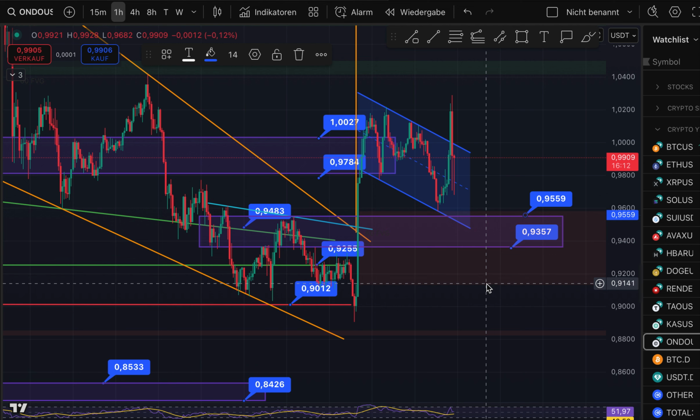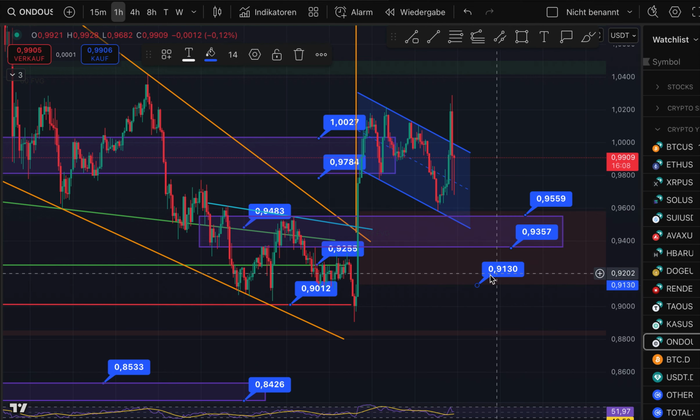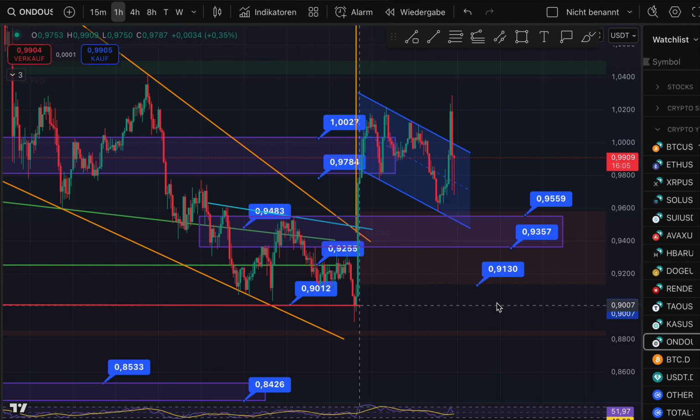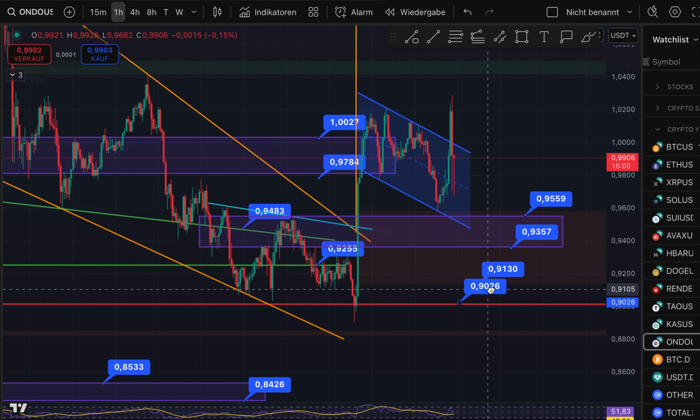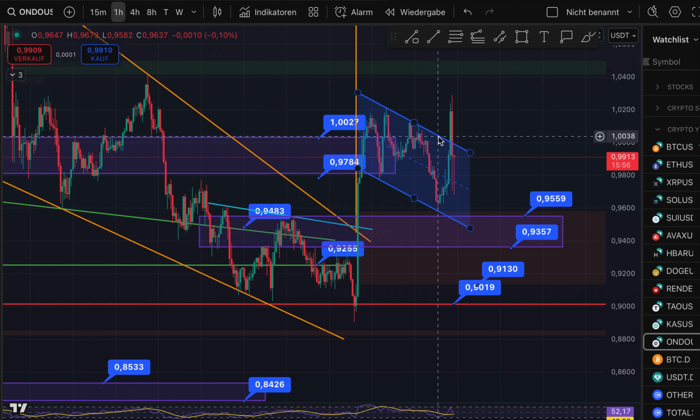If we lose it, then I think the fair value gap reaches down to 91.3 cents, but 90 cents is going to get interesting if we lose that purple box, in my opinion. So for now, I can take this perfect bull flag out of the chart, and we have to wait a bit longer to get new bullish chart patterns.